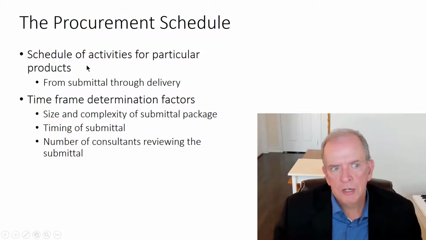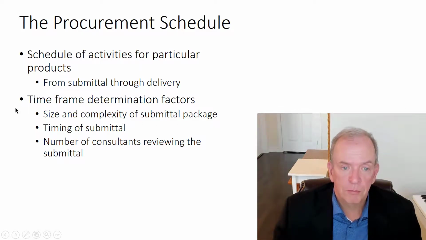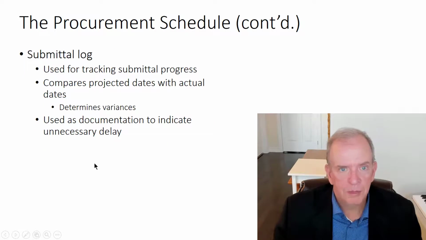So the procurement schedule covers the activities for particular products. Time frame determination factors: it depends on the size and complexity of the submittal package. Some things can be very quick. Other things may take quite a bit of time to review carefully to make sure everything is right. And the number of consultants that may have to look at the same document. So you want to have a log that is used for tracking.